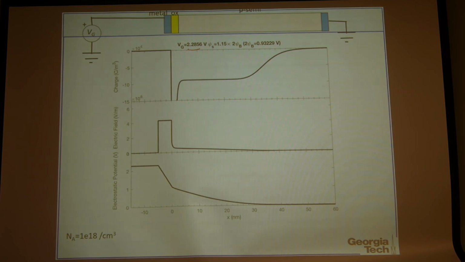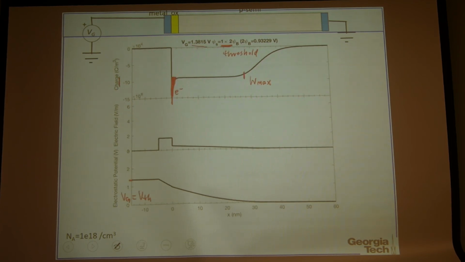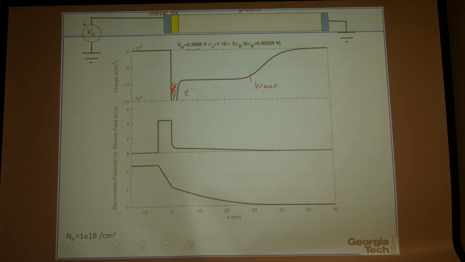So you are going to get more and more inversion electrons to the surface. This is the first observation. The second one is that if you look at the maximum depletion width, it does not change too much from here to here. Almost no change. We are going to get more and more electrons here.